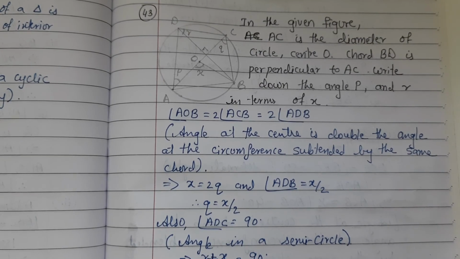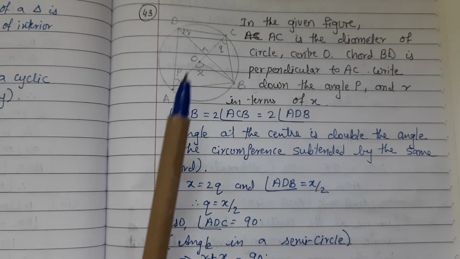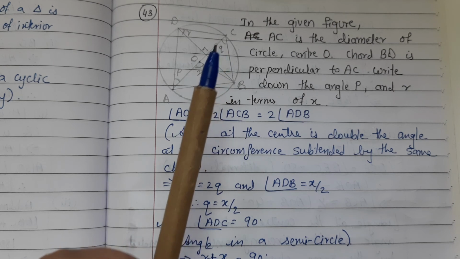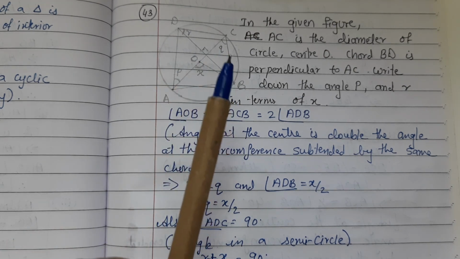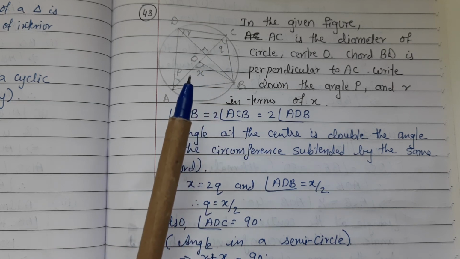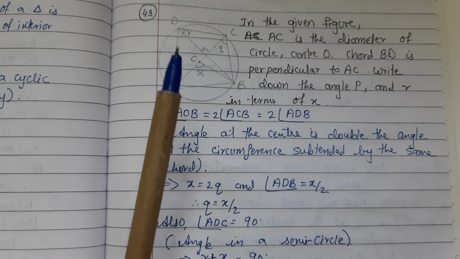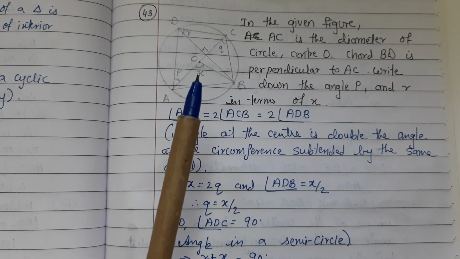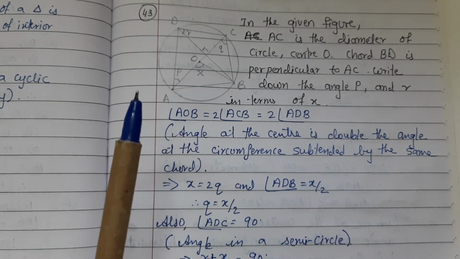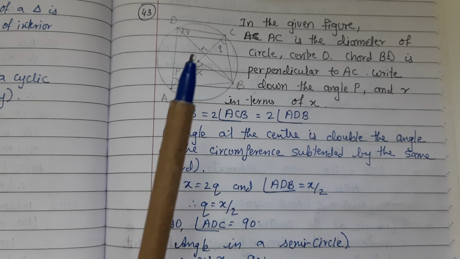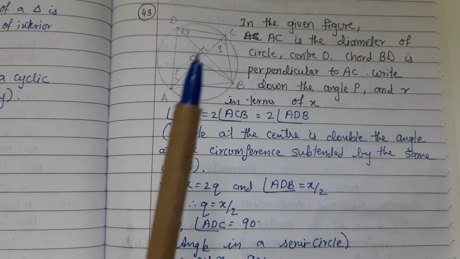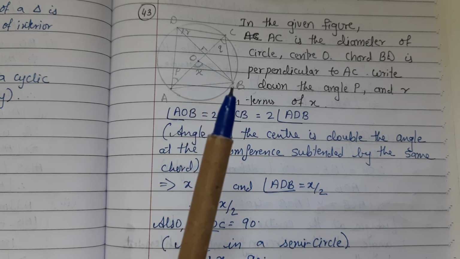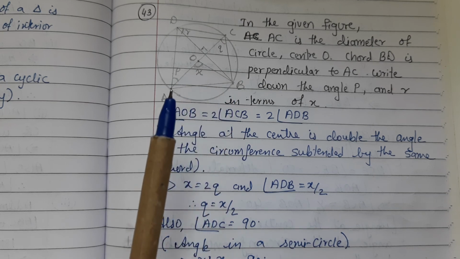Sum number 43. In the given figure, AC is the diameter of the circle with center O and chord BD is perpendicular to AC. Write down the angles P and R in terms of x. First, let angle AOB be equal to x. Angle AOB is equal to twice angle ACB, equal to twice angle ADB.